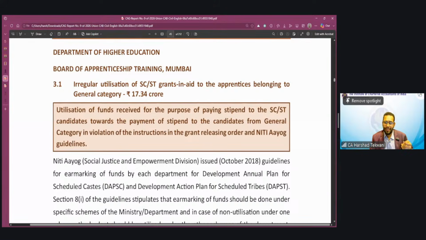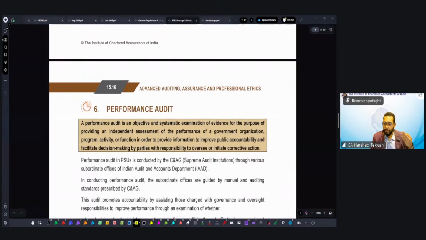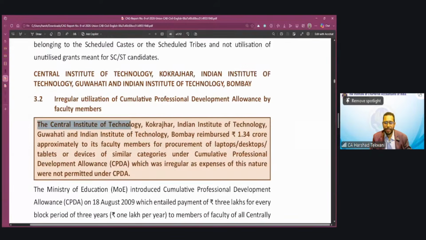So this way, compliance audit goes into the propriety side also, and the law side also. For example, intra vires, whether there is permission to do that. One example: the Indian Institute of Technology Guwahati, Institute of Technology Bombay, reimbursed 1.34 crores to its faculty members for procurement of laptops, desktops, tablets, devices, everything, under the Cumulative Professional Development Allowance, which was irregular as expenses of this nature were not permitted under CPDA.